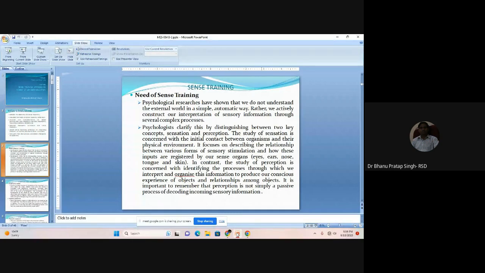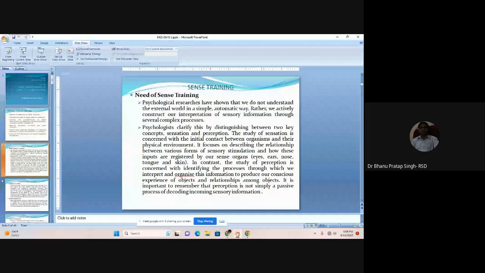It is a very complex process because for a function, our mind gives several directions, and those directions come to a point and become an action.